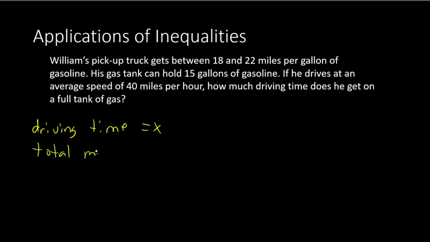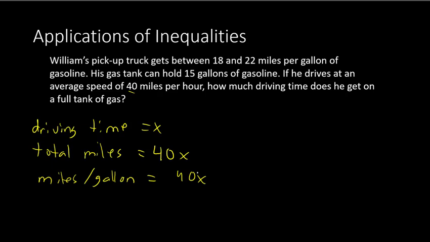From here, we can figure out his total miles traveled, which is determined by looking at his speed. If he travels at 40 miles per hour for x amount of hours, his total miles would be 40 times x. And then the last part would be miles per gallon.